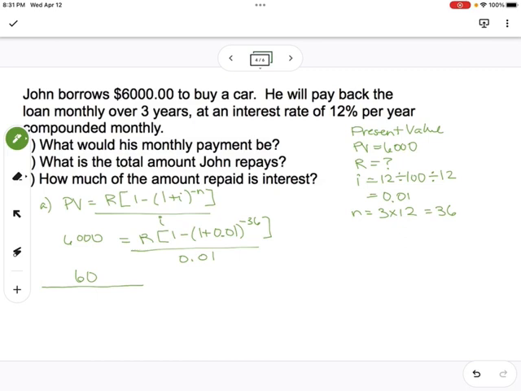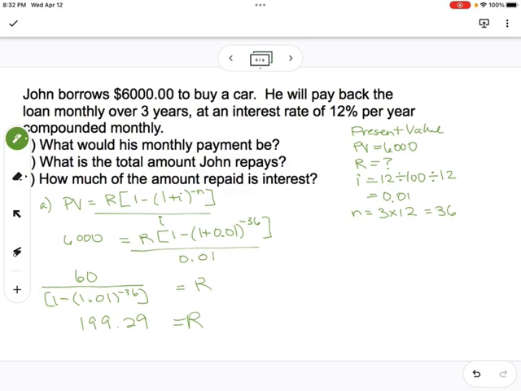So it'll be 60 divided by the 1 minus 1.01 to the exponent negative 36. And we get $199.29 as the regular payment we need to make.